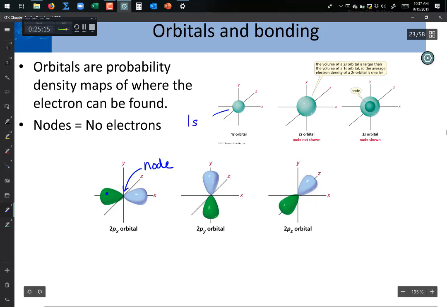It's the only orbital, the only subshell type, that doesn't have a node. But it turns out the 2s, we draw it big like this, but the 2s embeds within the 1s. And the 2s actually has a node, near the 1s.